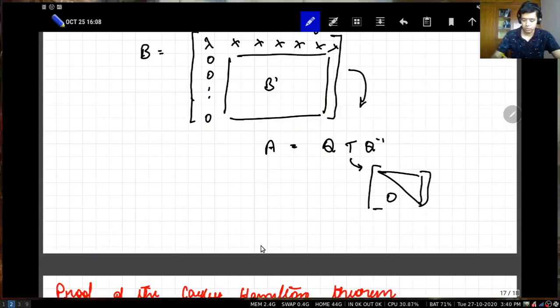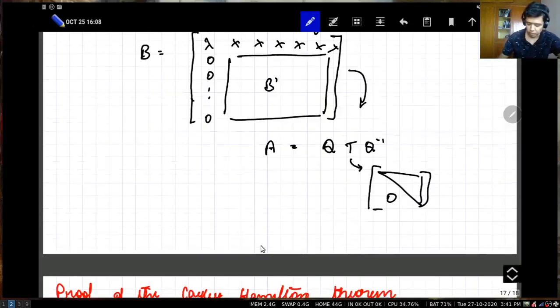Since A and T are similar to each other, and similar matrices have the same set of eigenvalues, the diagonal entries of T are the eigenvalues of A.